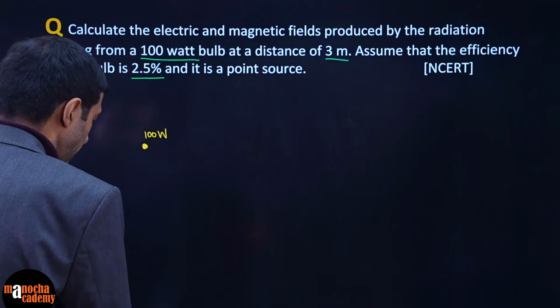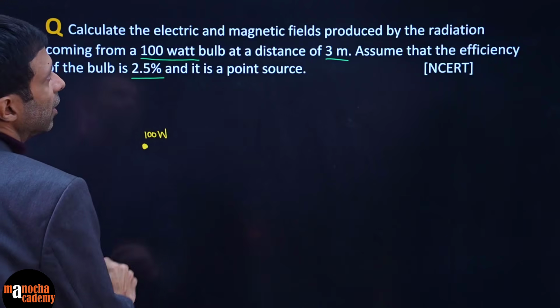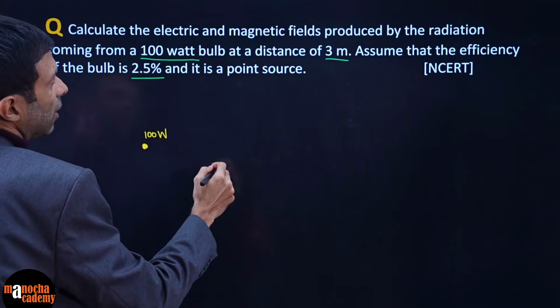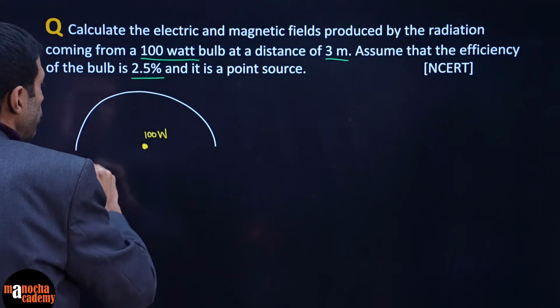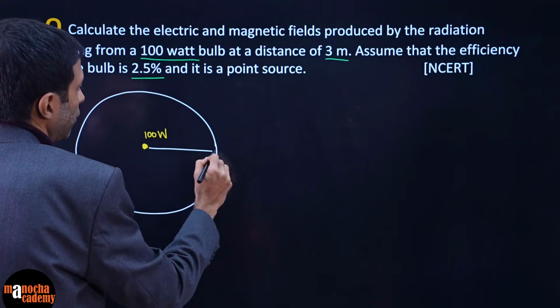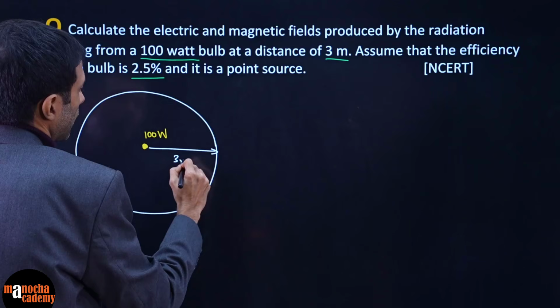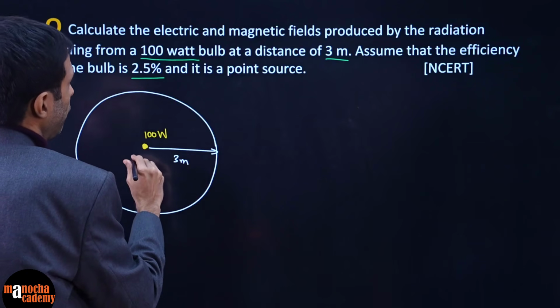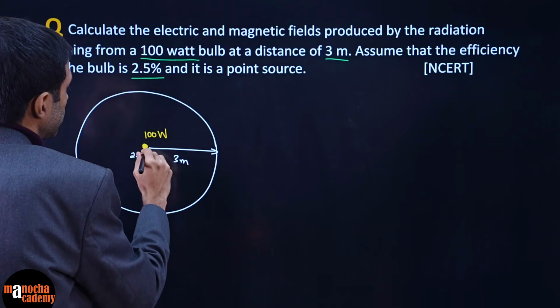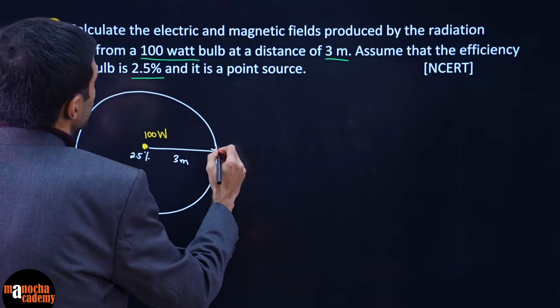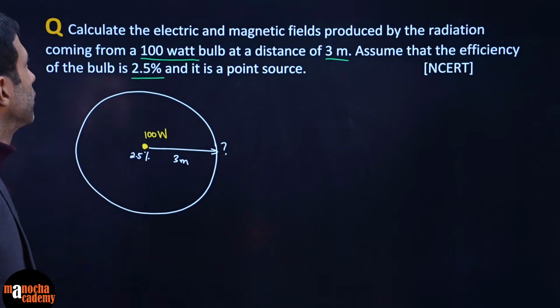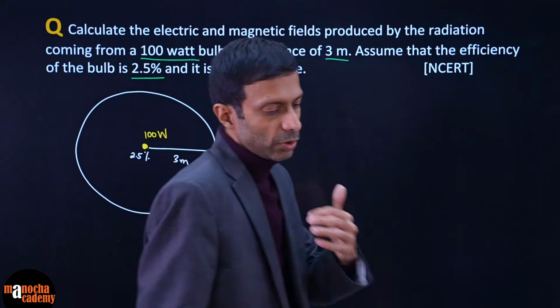And you want to find the electric field and magnetic field produced at a distance of 3 meter, and efficiency is 2.5%. So what will be the electric and magnetic fields produced here?